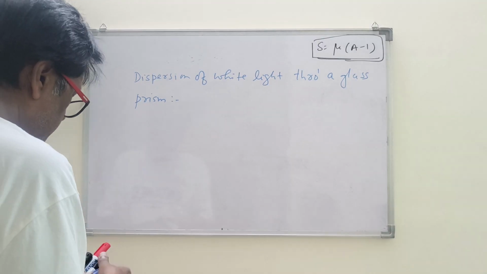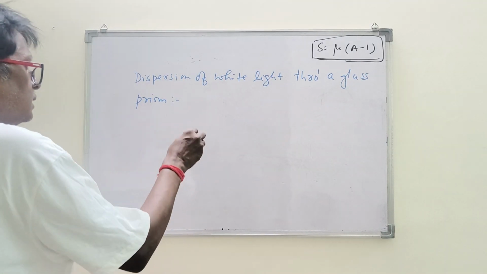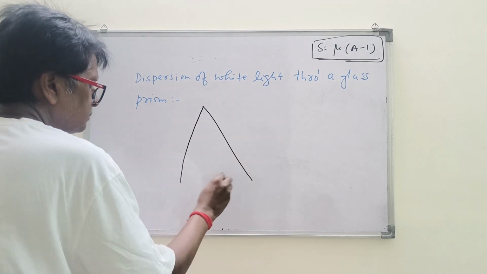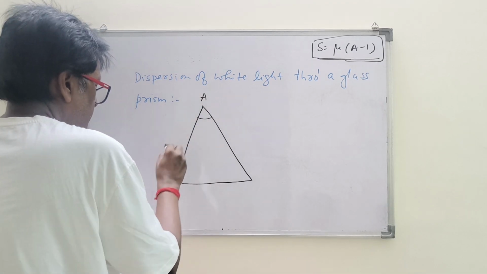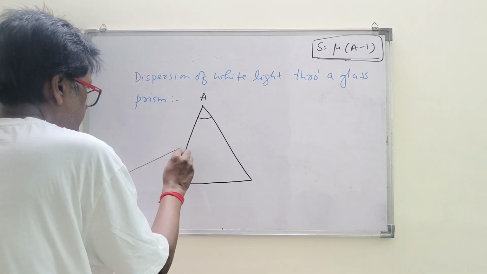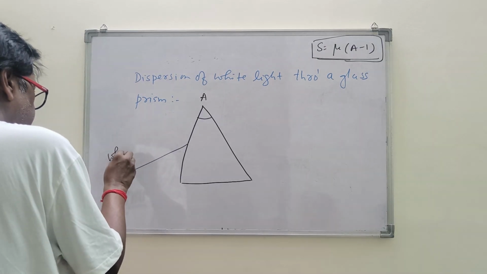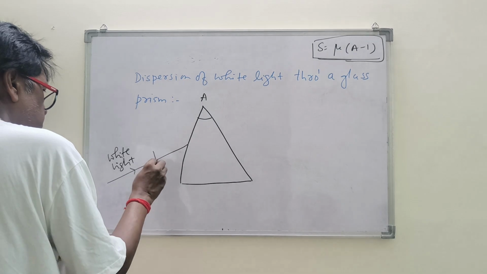Let us see what happens when white light is passed through a glass prism. This is a glass prism. This is the angle of prism. And take an incident ray. This is the white ray of light. This is a slit.